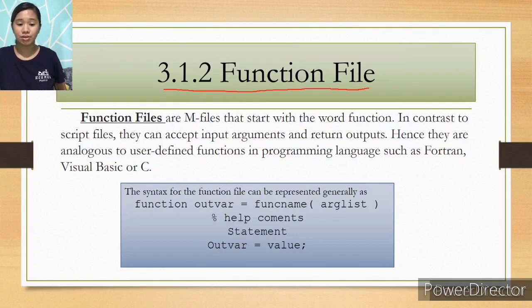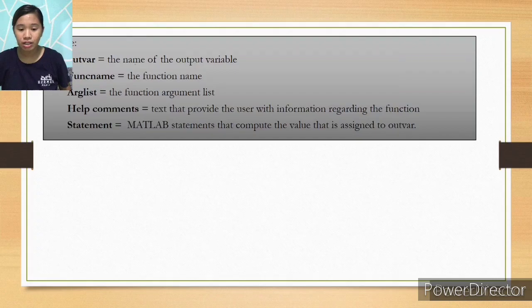Hence, they are analogous to user-defined functions in programming languages such as Fortran, Visual Basic, or C. The syntax for the function file can be represented generally as function outvar = funcname(arglist), help comments, statements, outvar = value. Here outvar is the name of the output variable, funcname is the function name, arglist is the function argument list, help comments is the text that provides the user with information regarding the function, and statements are MATLAB statements that compute the value that is assigned to outvar.